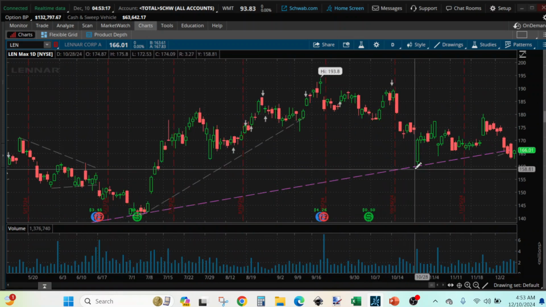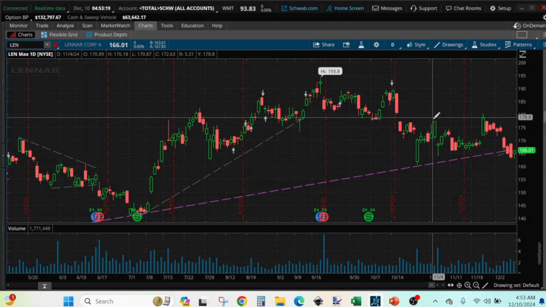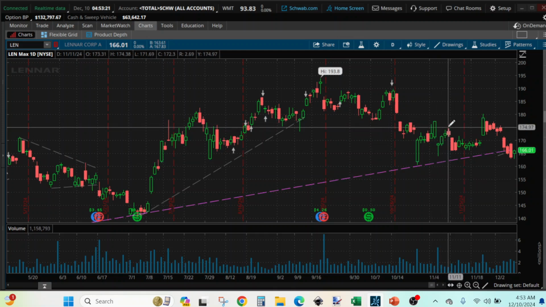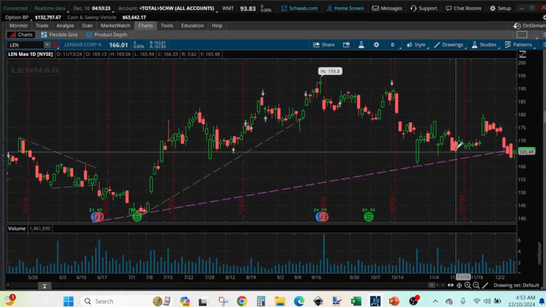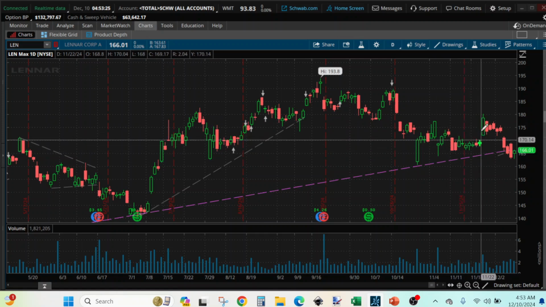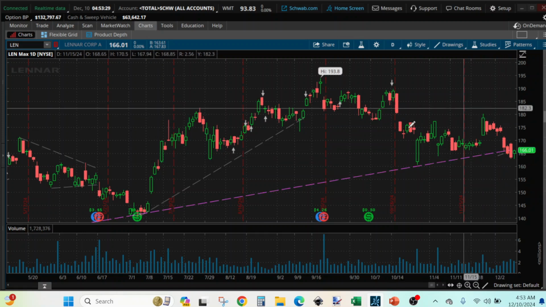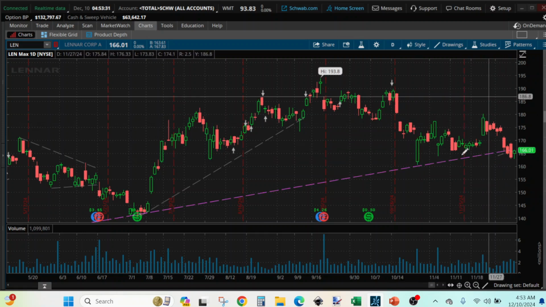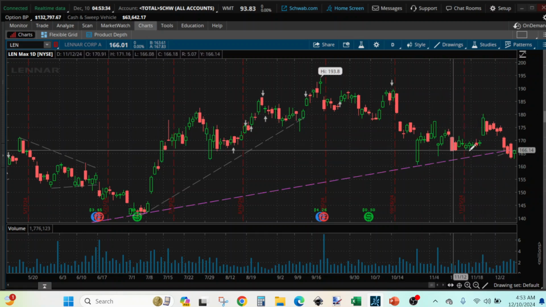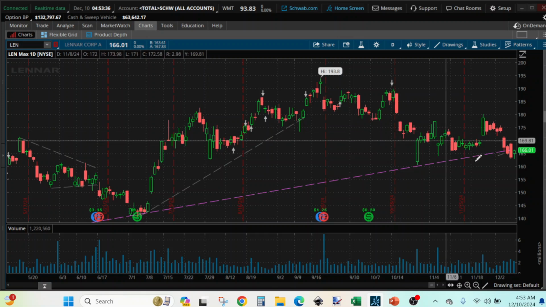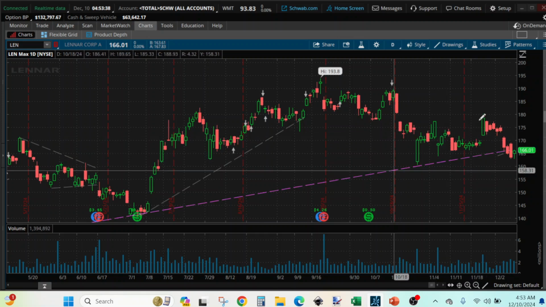He pulled back to the line, started going up, pulled back to it, went up, pulled back, went up. It's like it's having a problem pulling away from this line. We could buy it and it could do that for a while before taking off.